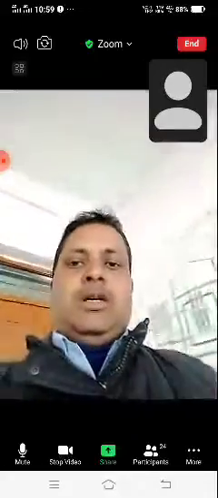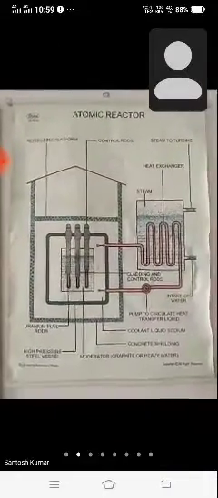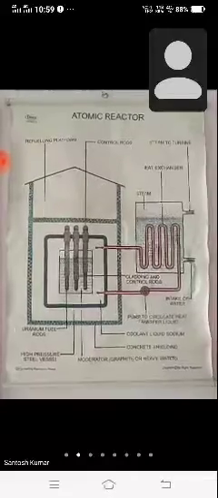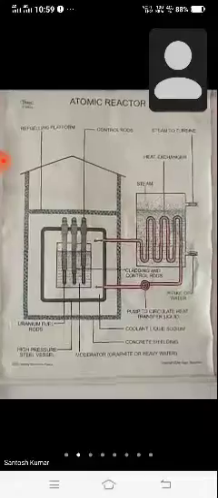You can just see nuclear reactor as it is available in the laboratory, that's why I am showing you. It is not in our syllabus.